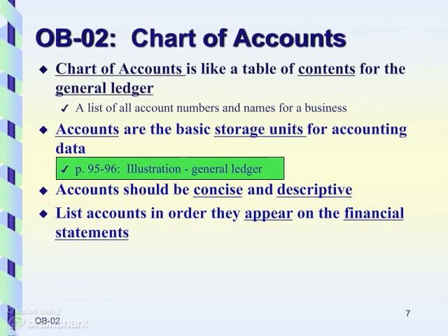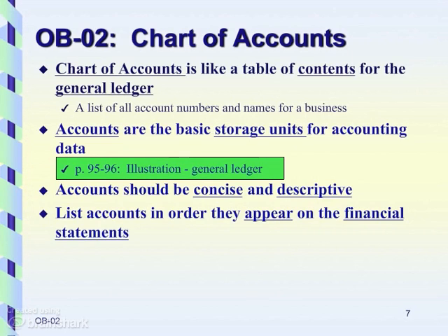And we know that the accounts should be listed in the order they appear on the financial statements. So there should be separate accounts for each category, including assets, liabilities, stockholders' equity, revenue, and expenses. A small organization may only have a few accounts, whereas larger multinational corporations might require thousands of accounts.